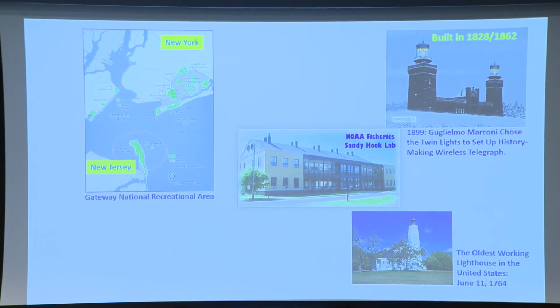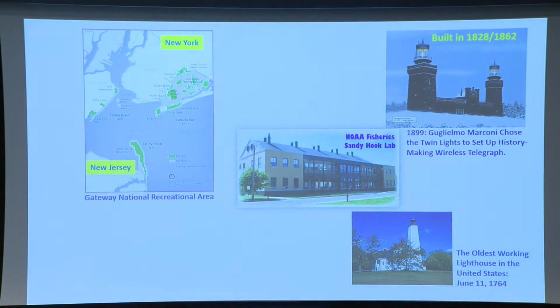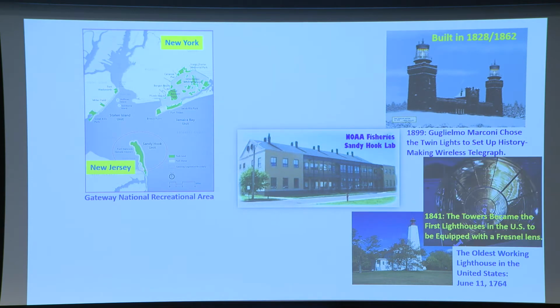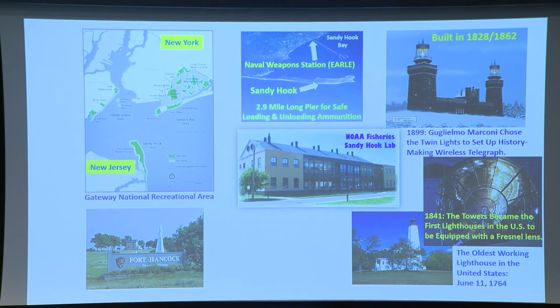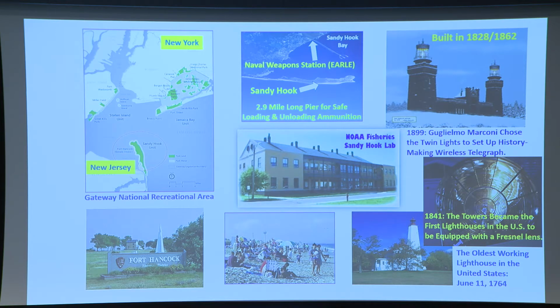The twin lights were used by Marconi to set up wireless telegraph experiments there. The lighthouse was the first in the US equipped with a Fresnel lens. Fort Hancock defended New York Harbor during wartime. There's a unique weapons station which has a 3-mile-long pier to load and offload ammunition. Of course, there are beautiful beaches in Sandy Hook.